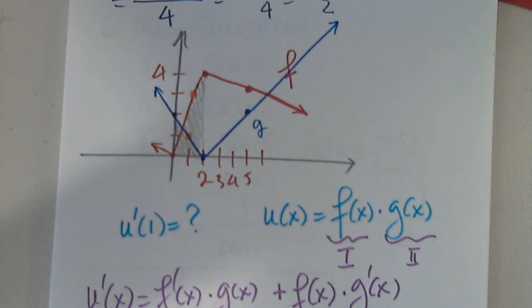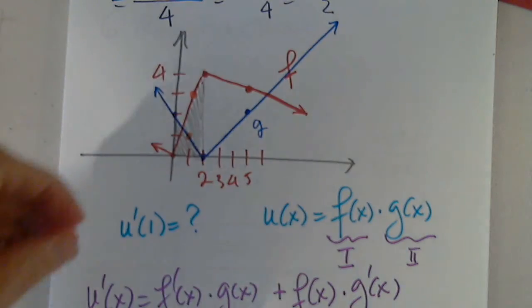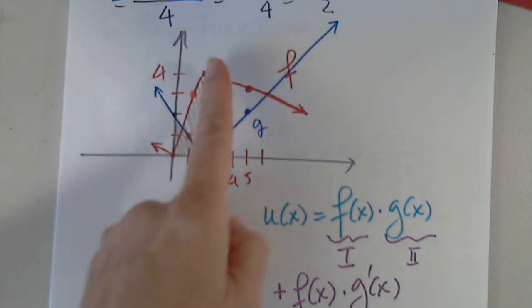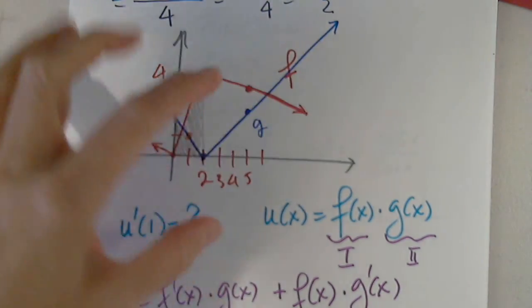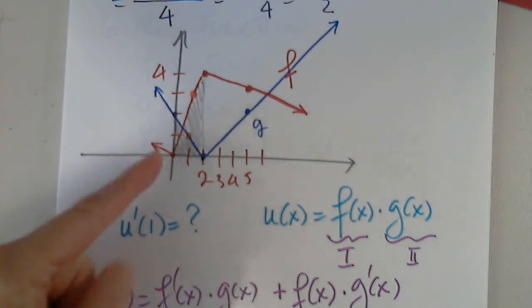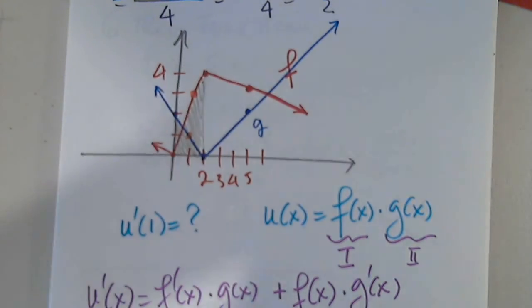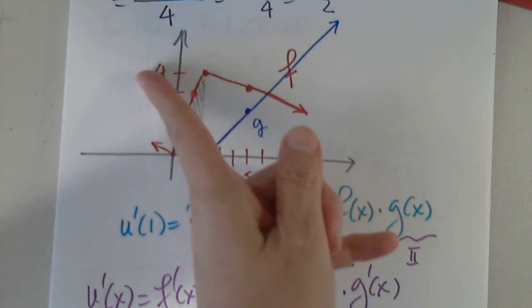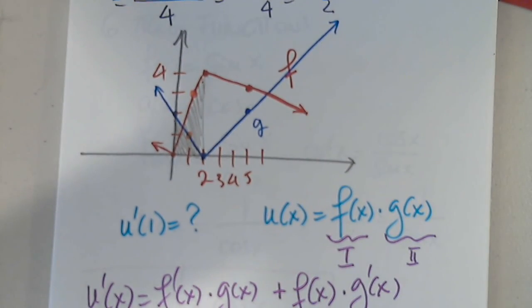You're going to feel so much better. So when you're asked to find f prime, you're looking for the slope, and you create a right triangle. So this is 4 divided by 2 for f prime, and if it's going down like this, it's negative. And then the other ones are just the function values at that point.